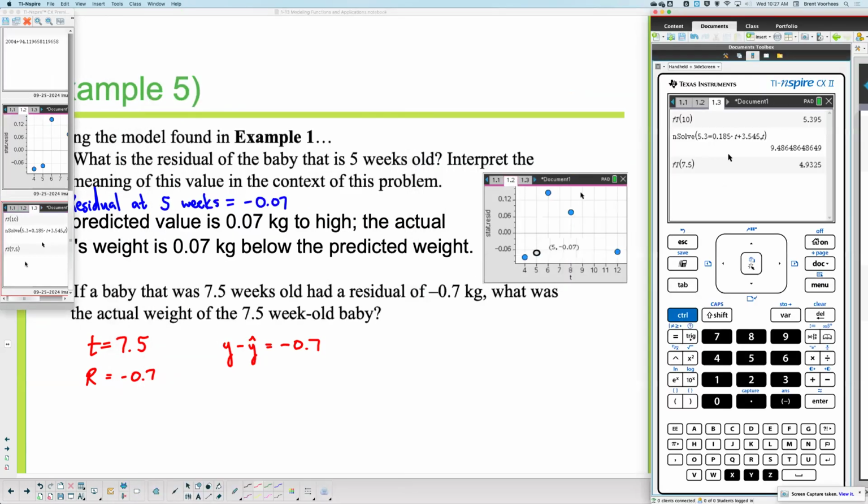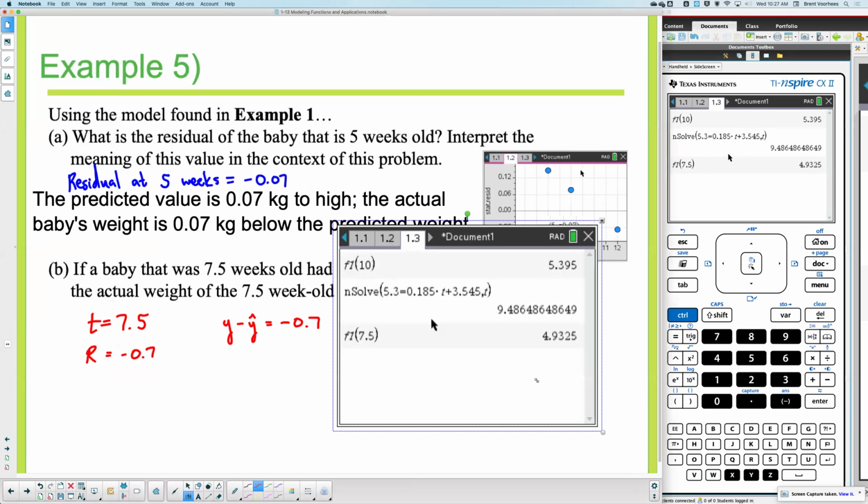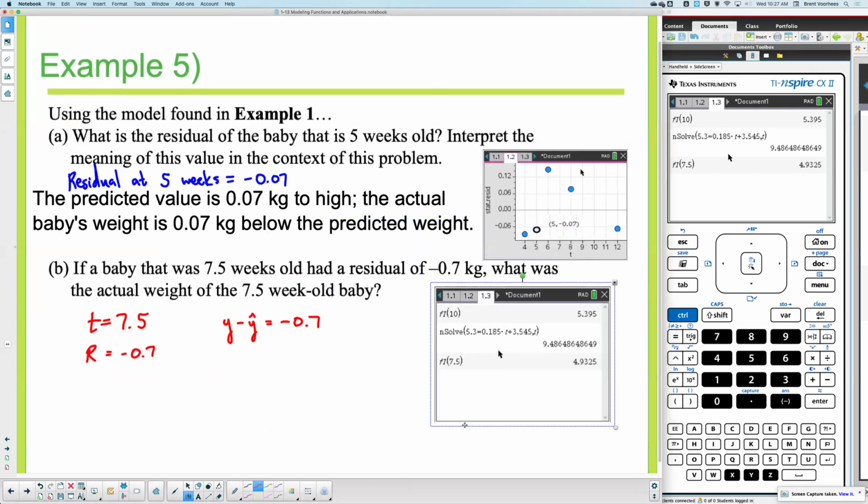So I want to add that back over. All right, if my predicted weight at 7.5 is 4.9325, now I could say that y minus 4.9325 is going to equal negative 0.7.